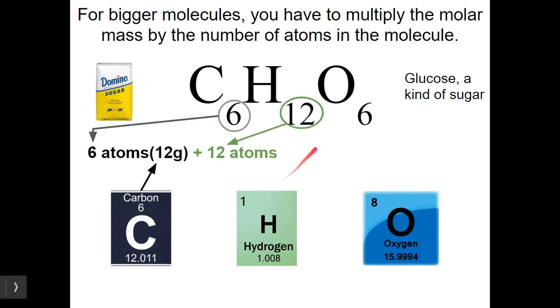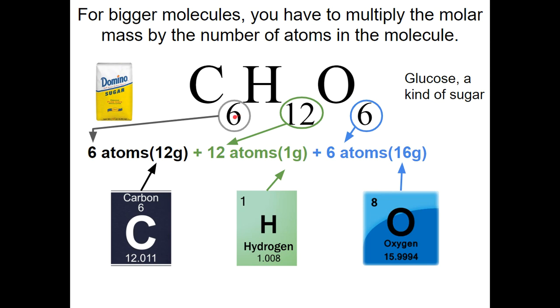That's a hint of what's coming next. Okay, then for the hydrogen, if there are 12 atoms of hydrogen, then we're going to multiply it by its atomic mass here. Okay, and then for the oxygen, you're going to do the same thing. There's 6 atoms in 1 molecule of glucose, so we're going to multiply the mass of 1 mole of oxygen times 6.